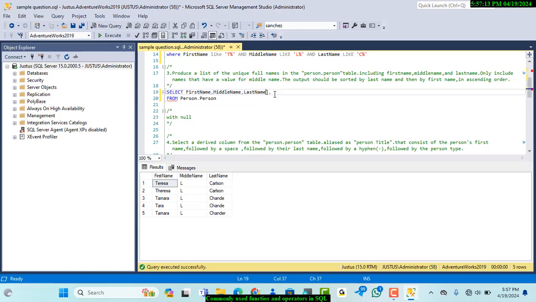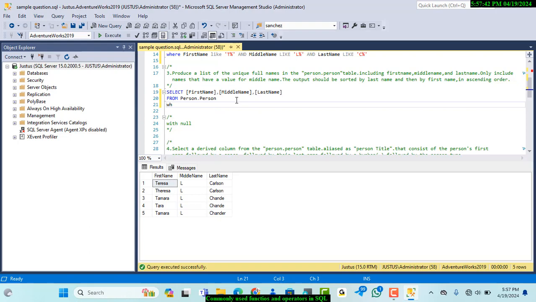So let me include the square brackets. Middle name is not null.